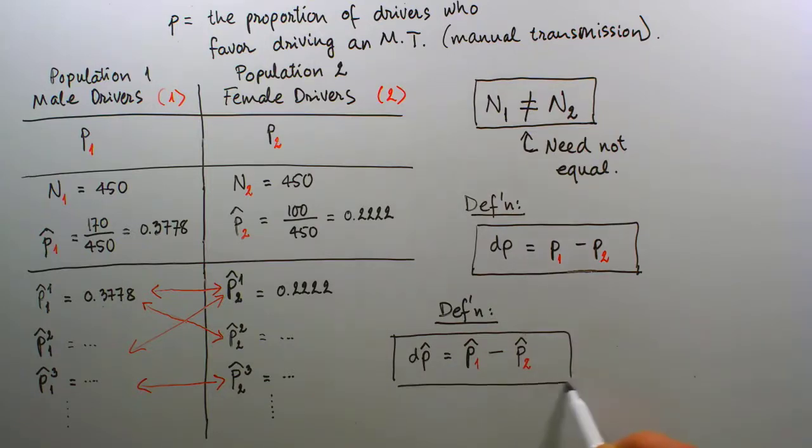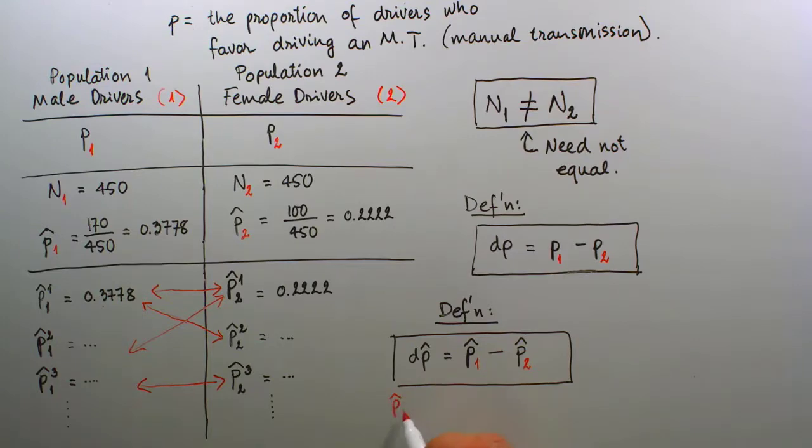But upon defining this difference, the difference between a p hat 1 and a p hat 2, it is now important that I clearly define what p hat 1 is.